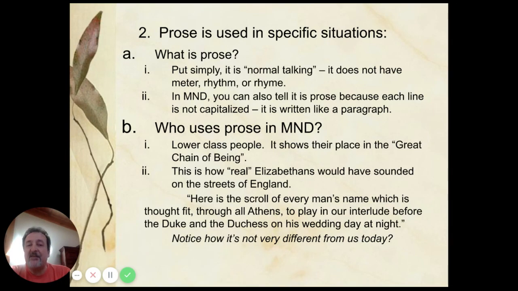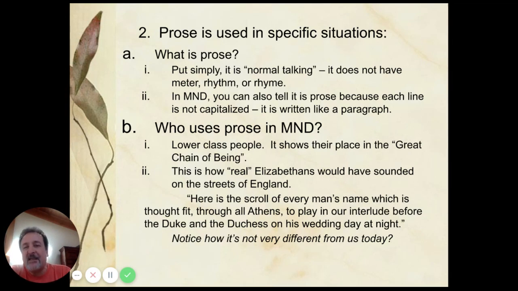Low-class people speak that way. All right? You'll see Nick Bottom and all his buddies. They speak like normal, real Elizabethans would have sounded. And here's an example. "Here is a scroll of every man's name which is thought fit through all Athens to play in our interlude before the Duke and the Duchess on his wedding day at night." It's just normal speaking. Right?